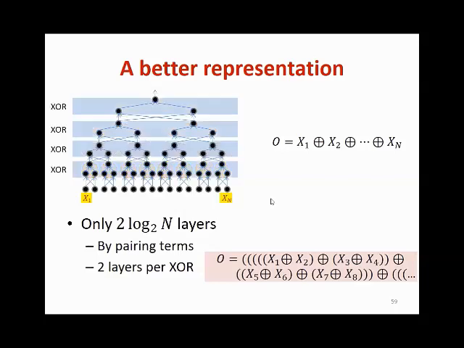So the thing to note here is that each pair of layers, which I've highlighted in the blue box, is producing a set of variables that must be further XORed downstream. So this means that the same rules about the size of the network apply from the output of any one of these layers.